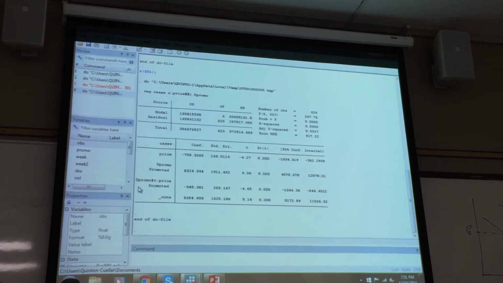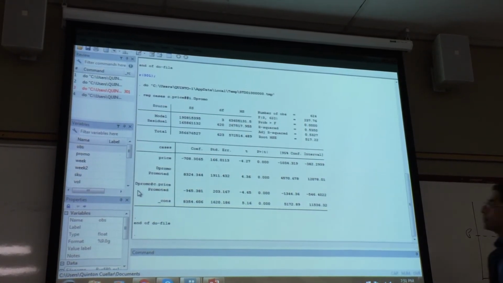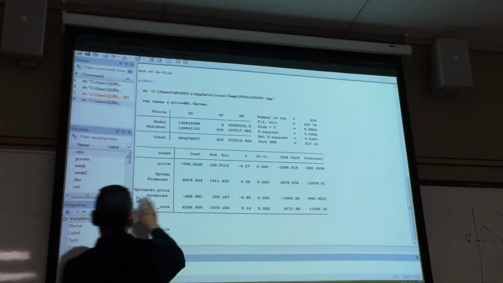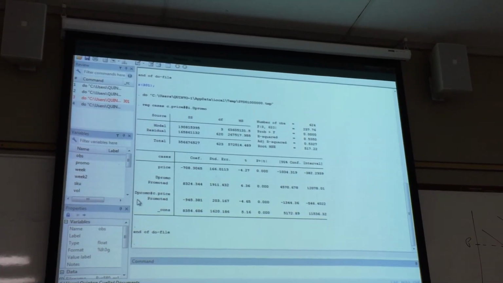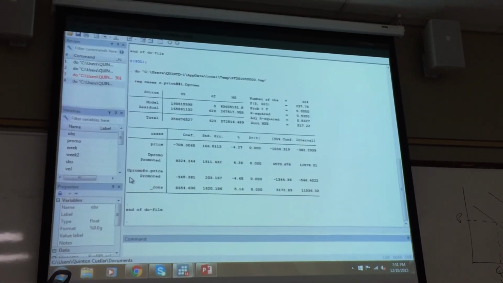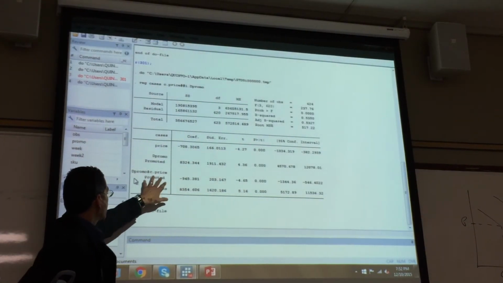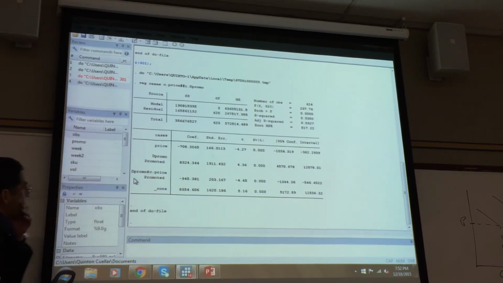What is this? This is price, promotion, and then an interaction between price and promotion. We're ignoring months right now. And we can see that the interaction between price and promotion is 945.